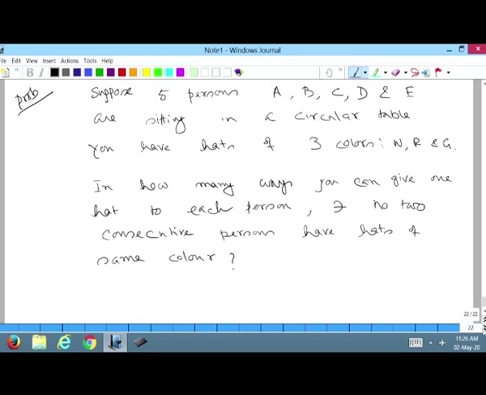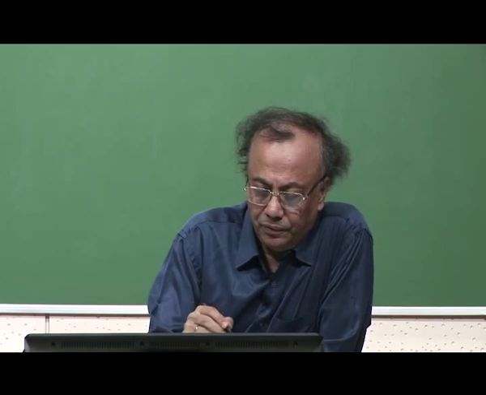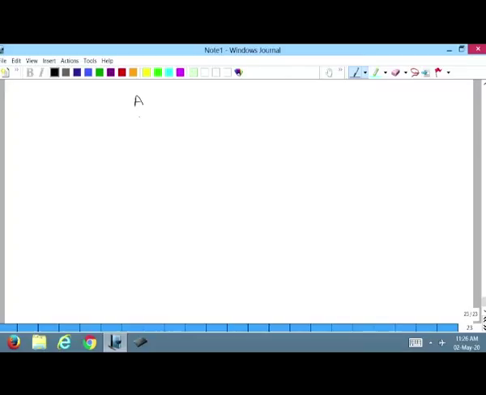So, this type of problem can be solved by drawing a tree. So, we have A, B, C, D and E. Note that A and D are side by side because it is a circular table.